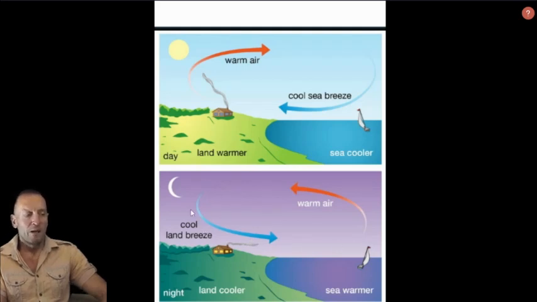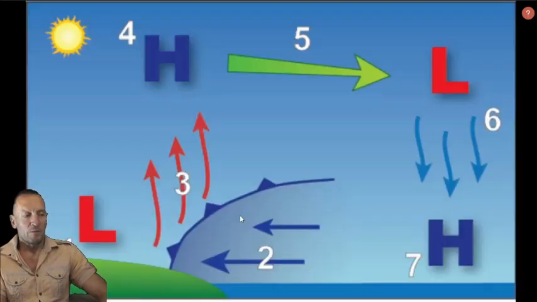It gets warmer and goes to the land, warms there, goes back to the sea as cooler air, and this cycle continues at night and at day. So that's what it is.